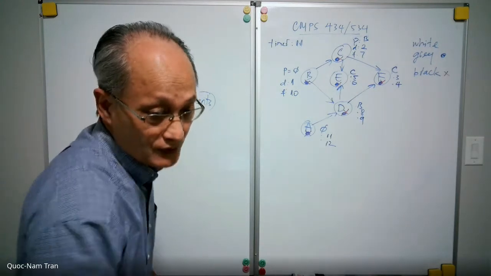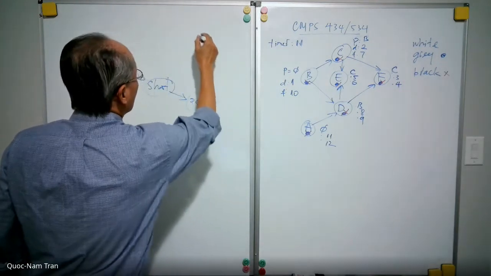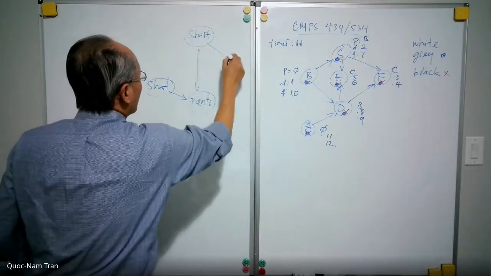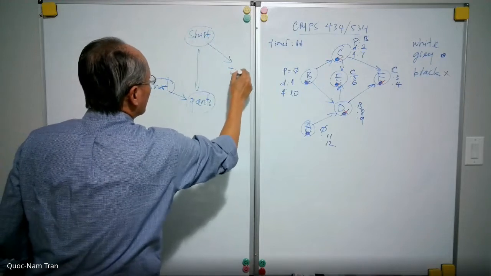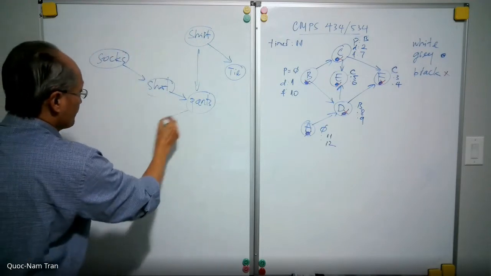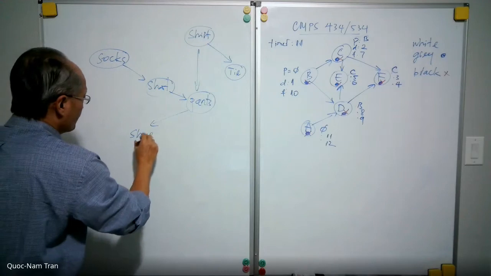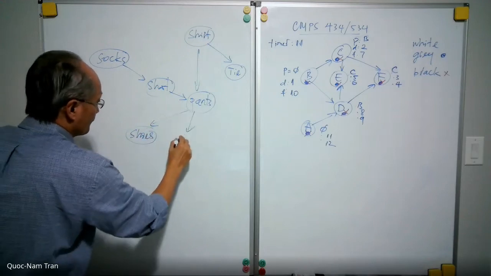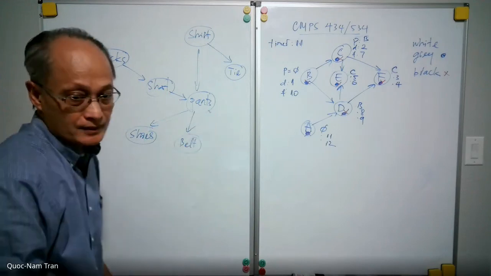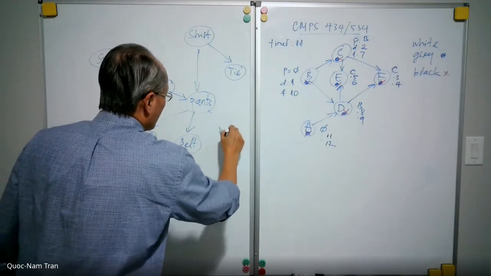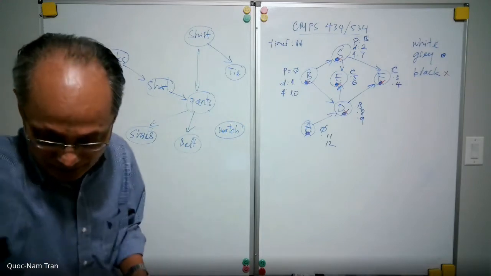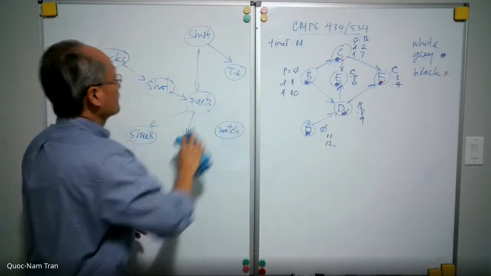And we have shirt, and tie, and from pants we have shoes and belt, and from here we have the watch. So here is a directed acyclic graph.